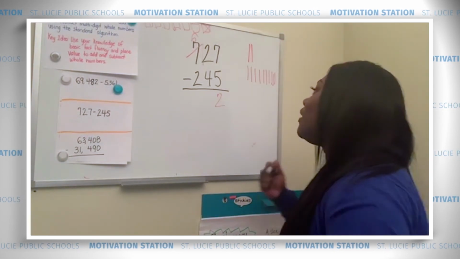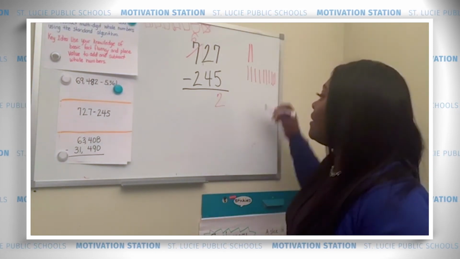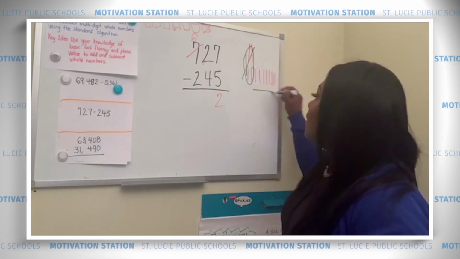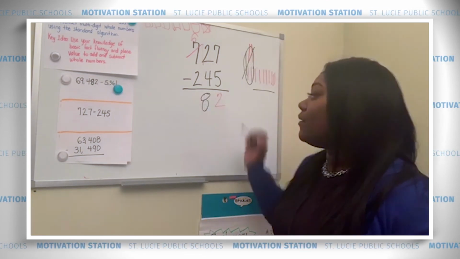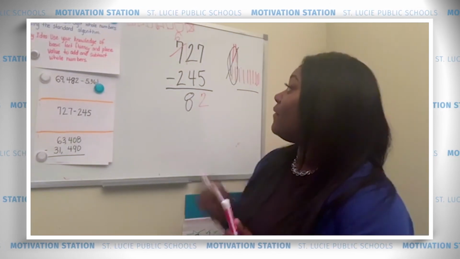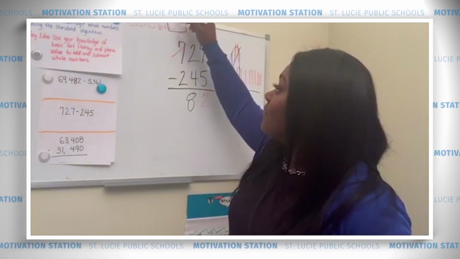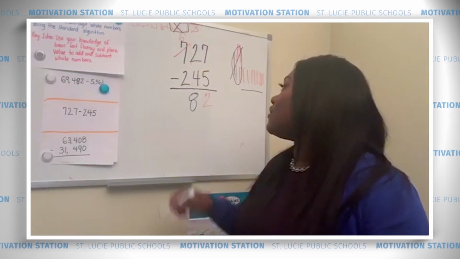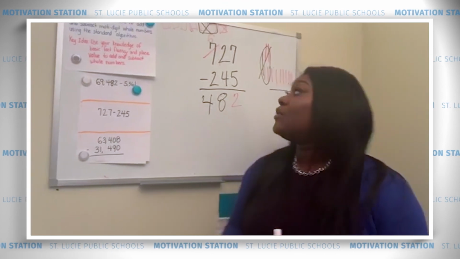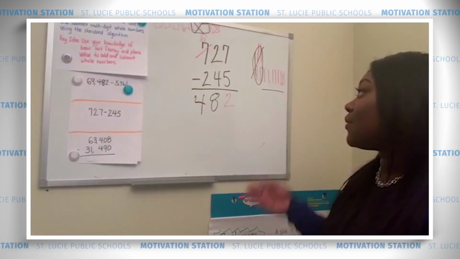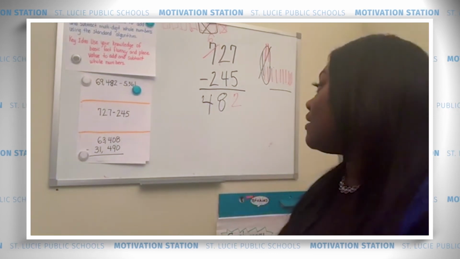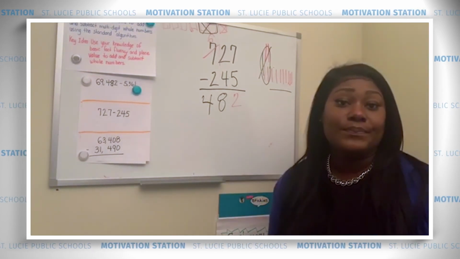Okay, now I have 12 tens. 12 tens minus 4 tens is equivalent to 8 tens. And out of the 600s that I have left, if I take away 2 of those hundreds, I will have 4 hundreds. So the difference between 727 and 245 is 482.